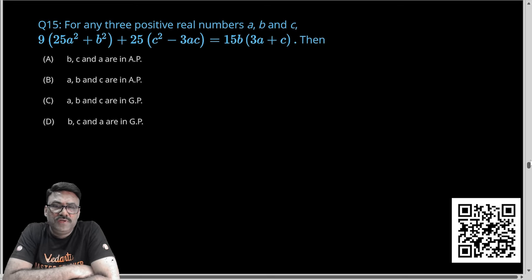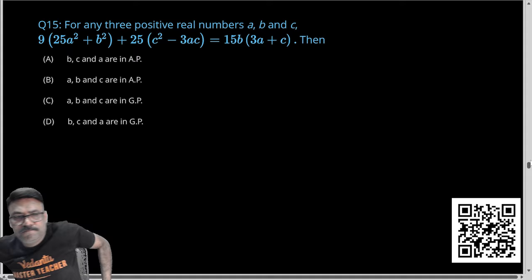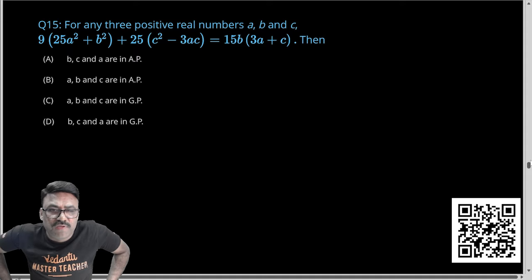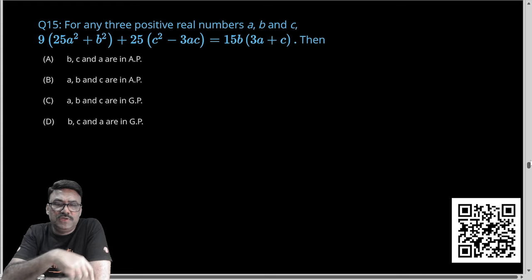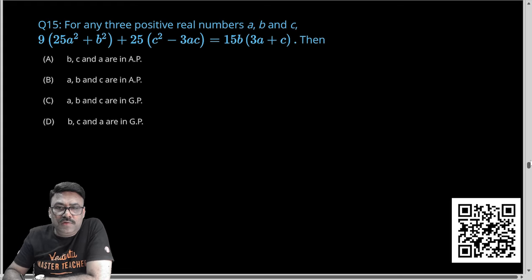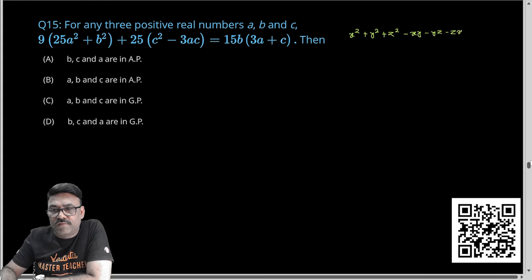For any three positive real numbers A, B, C, which option is correct here? B, C, A are in AP, A, B, C are in AP, A, B, C are in GP, and B, C, A are in GP. So basically, you can use this identity here. X square plus Y square plus Z square minus XY minus YZ minus ZX.